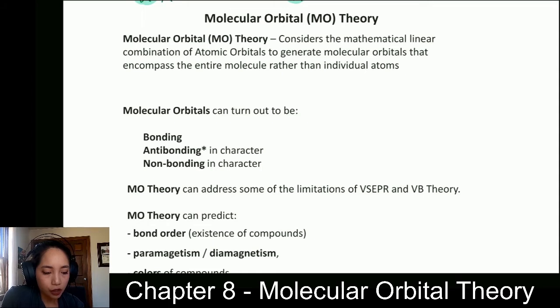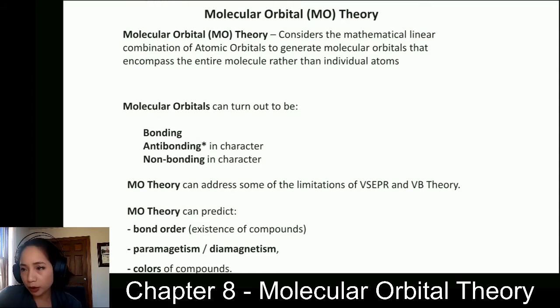All right, so what is MO theory, or molecular orbital theory? This type of theory considers the mathematical linear combination of atomic orbitals when we bring atoms together to form bonds. But when we form bonds, we form molecules. So we generate molecular orbitals that actually can encompass or explain the entire molecule rather than the individual atoms and their atomic orbitals.